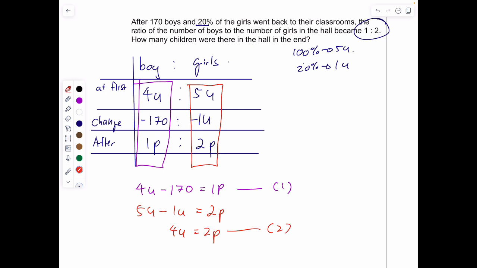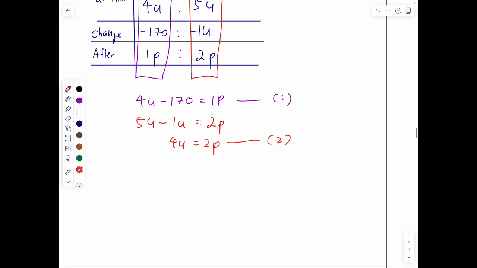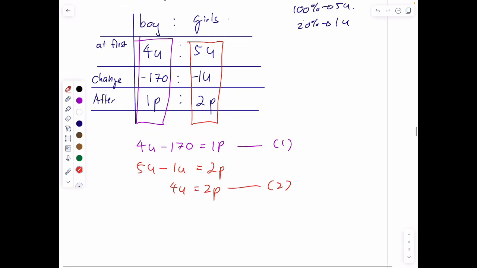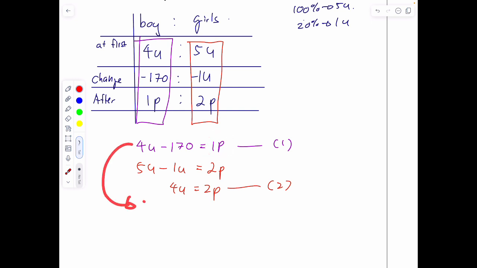So what we want to do is, we always want to get rid of the parts. Now, how can we get rid of the parts? So in this case, I know that 1 part and 2 parts. If I want to change this into 2 parts, I will have to multiply everything by 2.